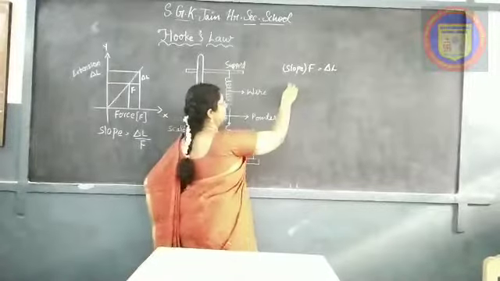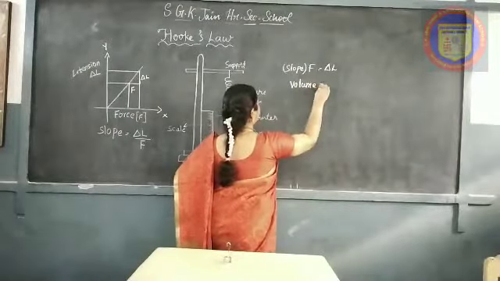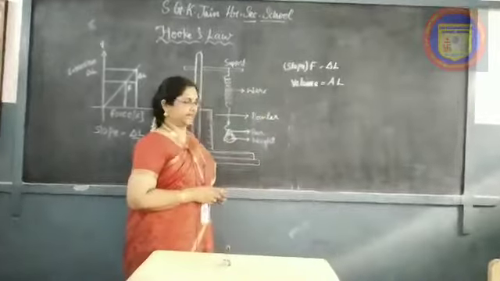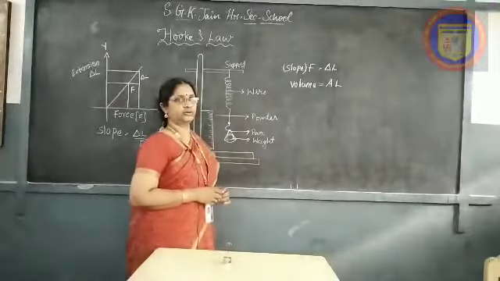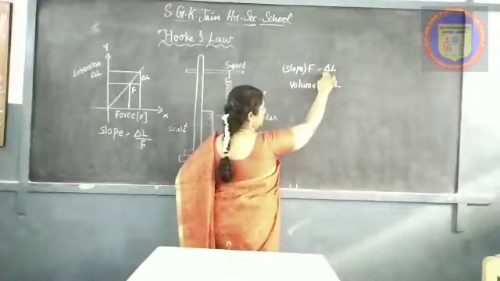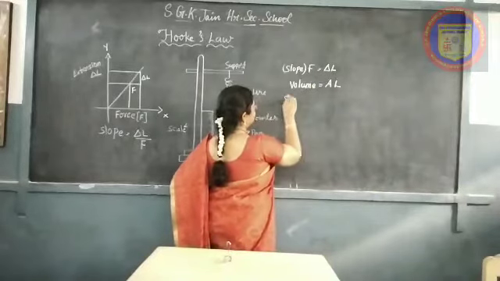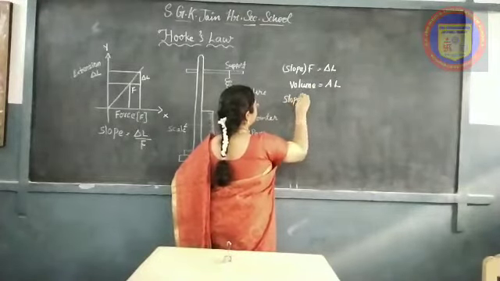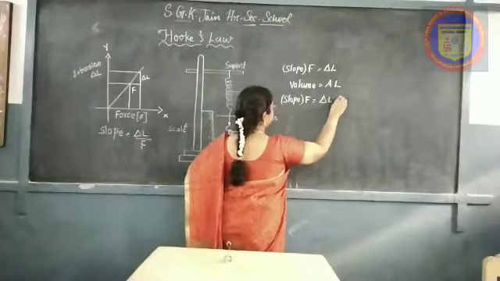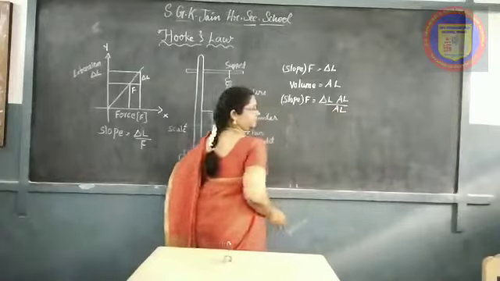We have all learned that volume is equal to area into height. Here the height is L, so I will write it as A into L. Now in the above equation, I will multiply and divide by AL. So slope into F is equal to delta L AL divided by AL.